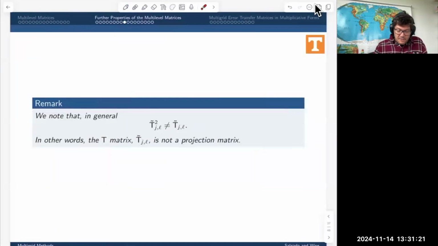Okay, so in general, this guy may be self-adjoint, but it's never, in general, going to be a projection matrix. We do know, however, that the pi JL tilde matrix is a projection, as long as the Galerkin condition holds. But this new T matrix is not a projection. Okay.